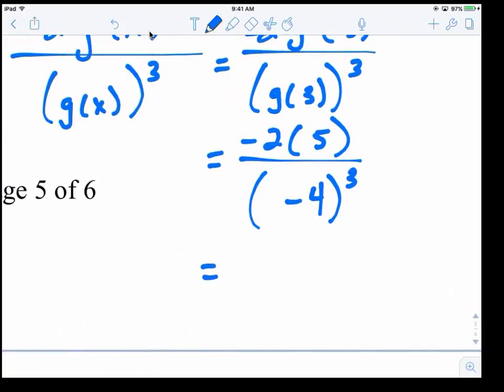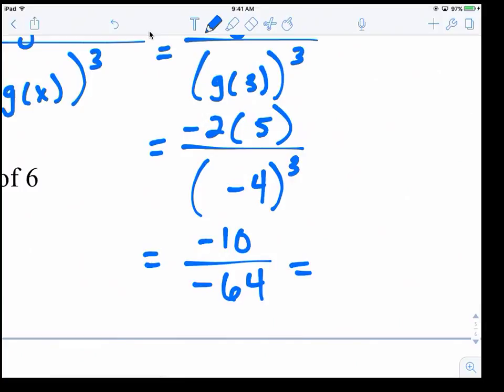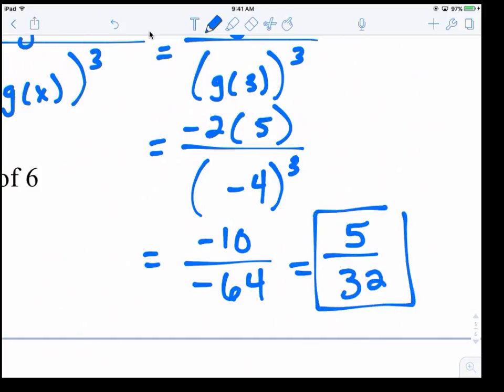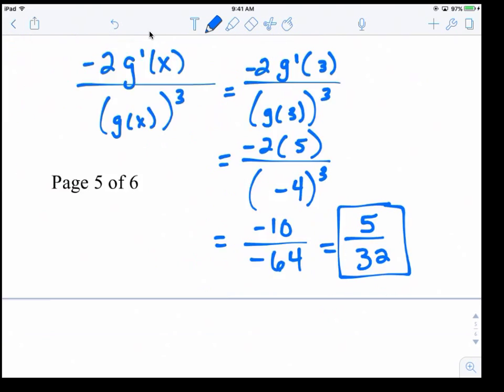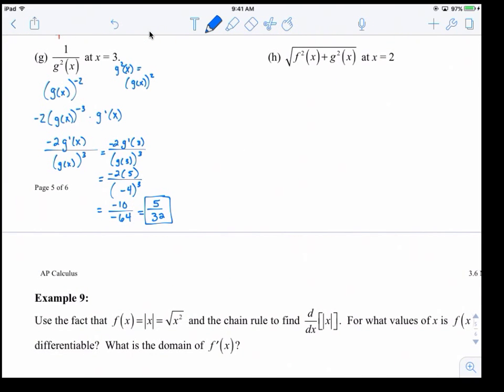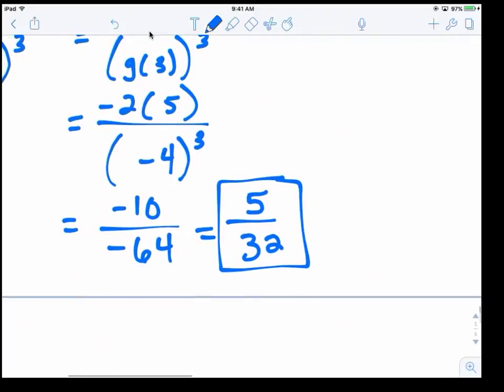So that's going to give me -10 over -64. Five over 32.